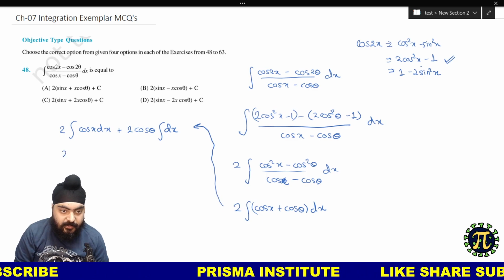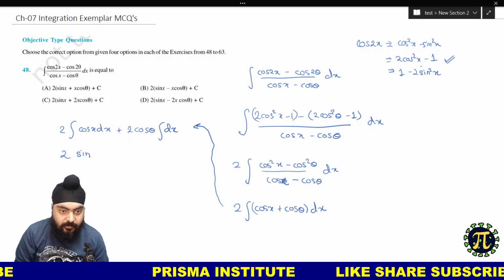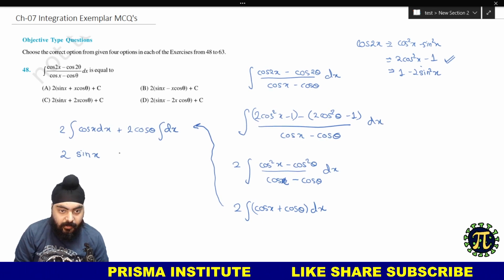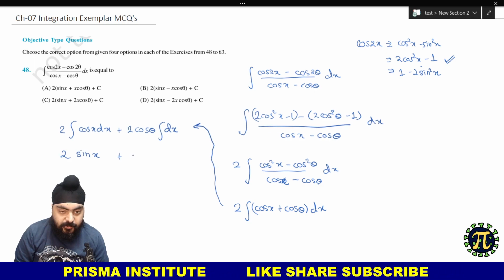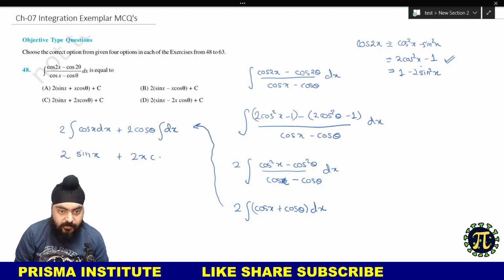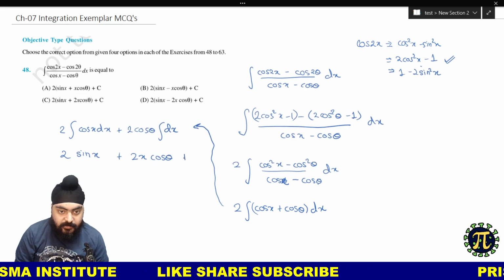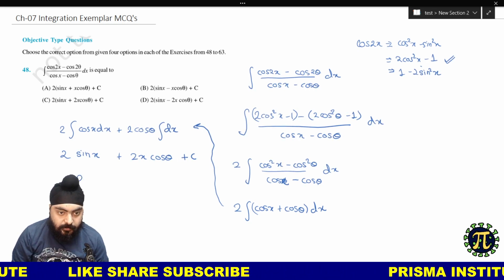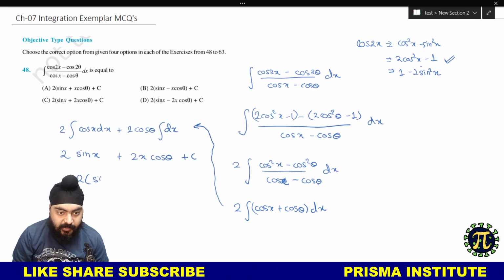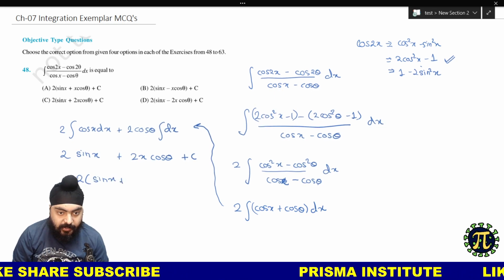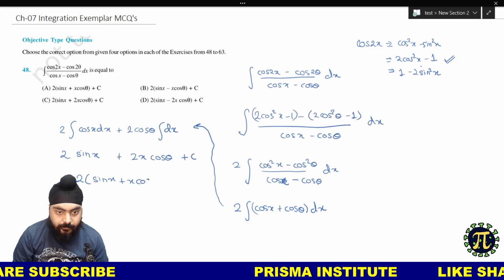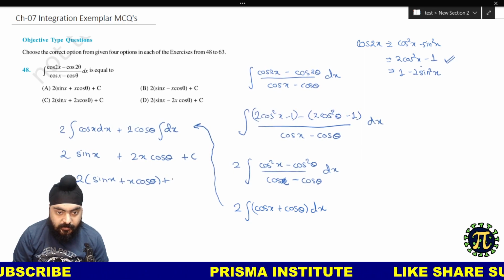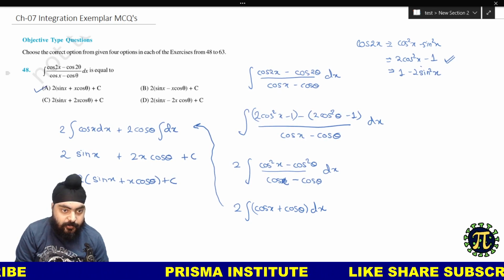So cos x has an integration of sin x and dx has the integration of x. So this becomes 2x cos theta plus some arbitrary constant c, and we can take 2 common to say the answer is twice of sin x plus x cos theta plus c. So that makes option A the correct option.